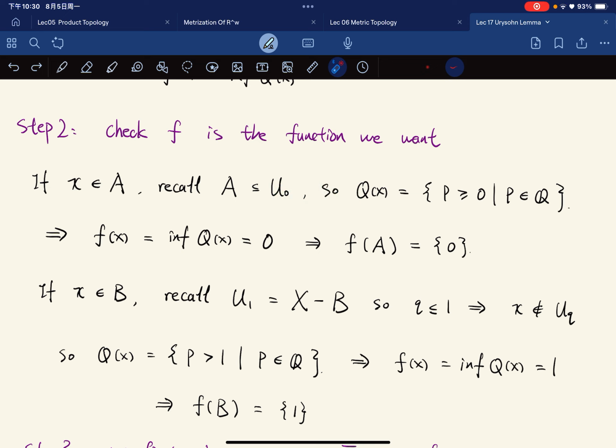So Qx consists of all the non-negative rationals.